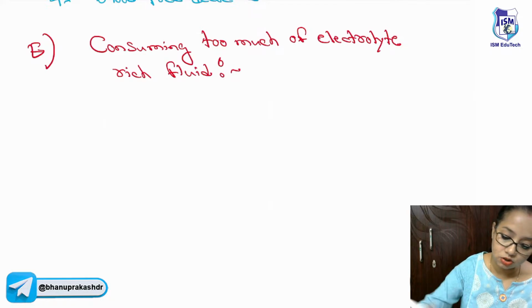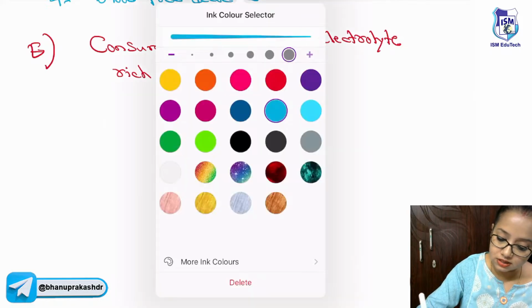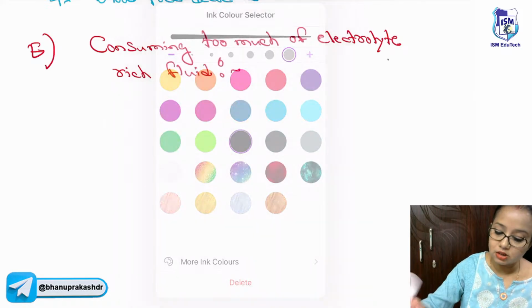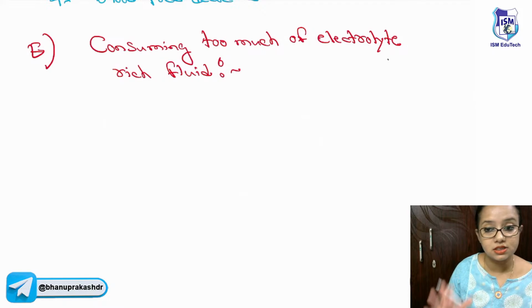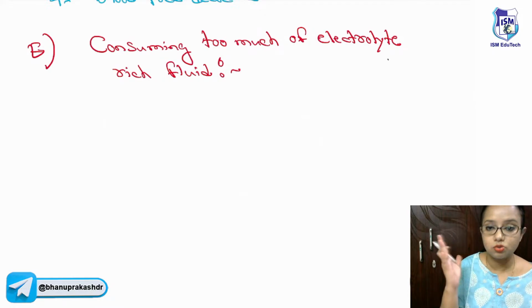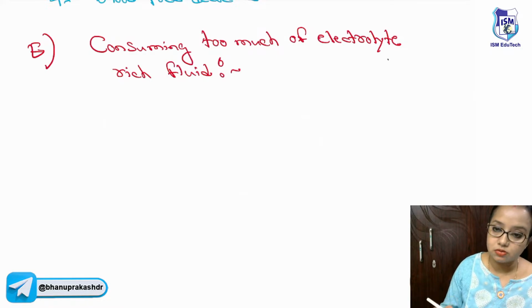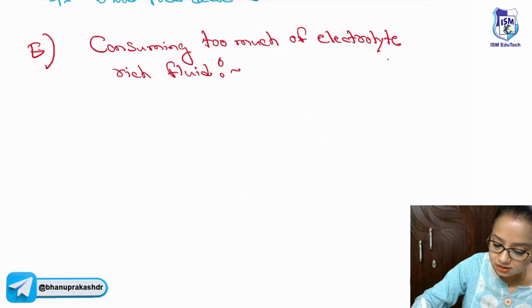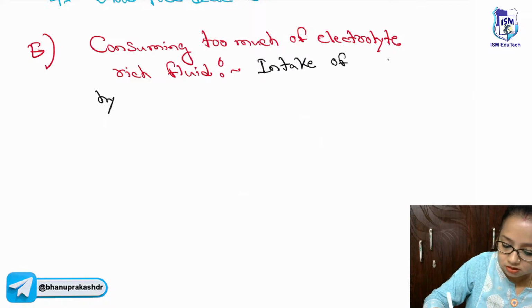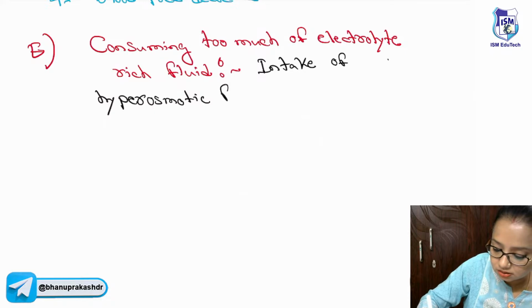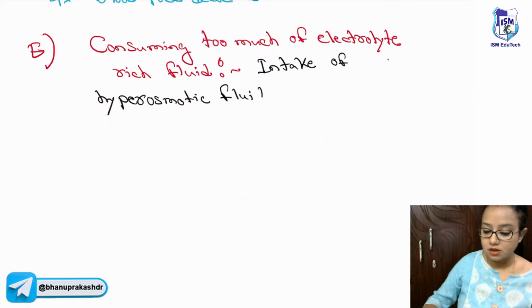You like that salty taste, and all of a sudden you decide to drink a lot of lemonade. So this lemonade is rich in sodium and chloride, right? It has too much of this sodium and chloride. So consuming too much electrolyte-rich fluid, what condition is it? It is nothing but intake of hyperosmotic fluid.